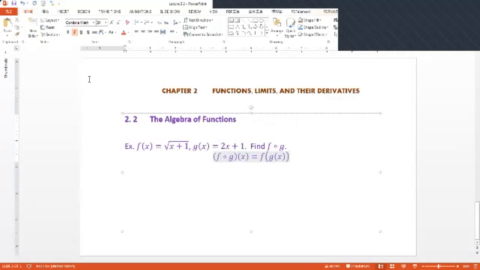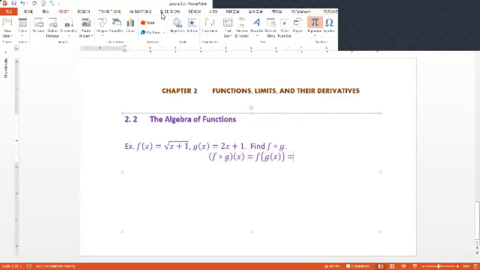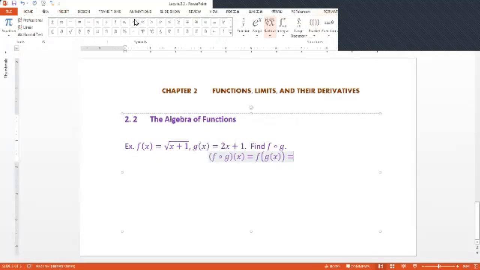So that will give us square root of g of x plus 1, right? So let me just write down. So the square root of g of x. So that replaces x in f, but then we have plus 1 inside the radical in f. All right.